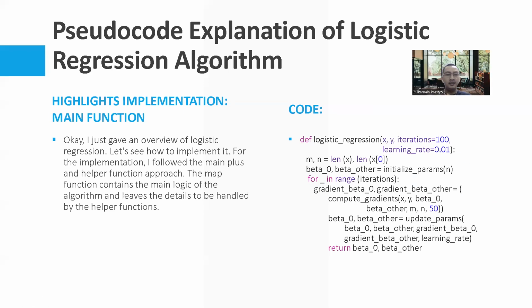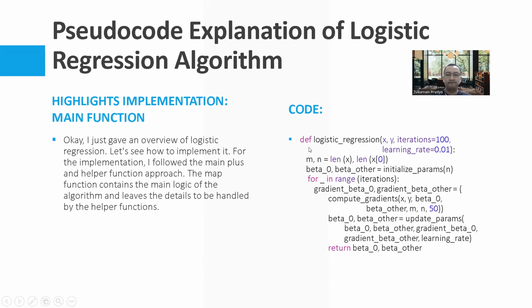Okay, I just gave an overview of logistic regression. Let's see how to implement it. For the implementation, I follow the main plus helper function approach. The main function contains the main logic of the algorithm and leaves the details to be handled by the helper functions. You can look at my code.